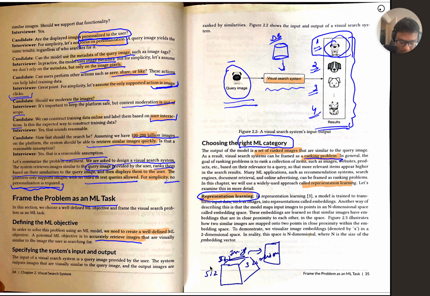So each of the input pixels takes a value from 0 to 255, and this is a pretty large image. If you compute the size of its array, it's 512 by 512 by 3, and generally you will pass it through a model, and your aim is that your model will spit out a higher dimensional number. So maybe it compresses all of this image into a 1024 dimensional number.